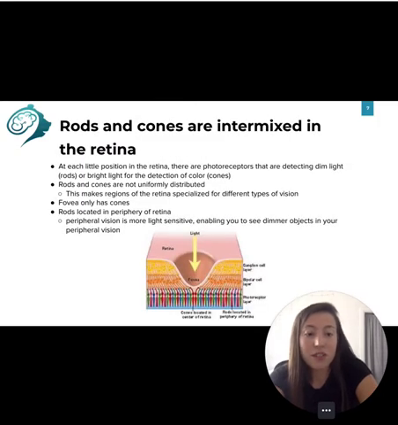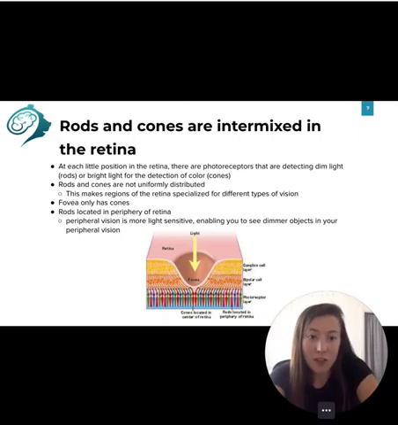The special cells that process photons are rods and cones, and they're intermixed in the retina. At each position, there are these photoreceptors that are detecting dim light, which is rods, or bright light, which is cones. They're not uniformly distributed, which kind of helps explain the retinotopic map and why there need to be specific pathways for specific areas on the retina, because the constitution of each area is mixed with rods and cones, for the most part.